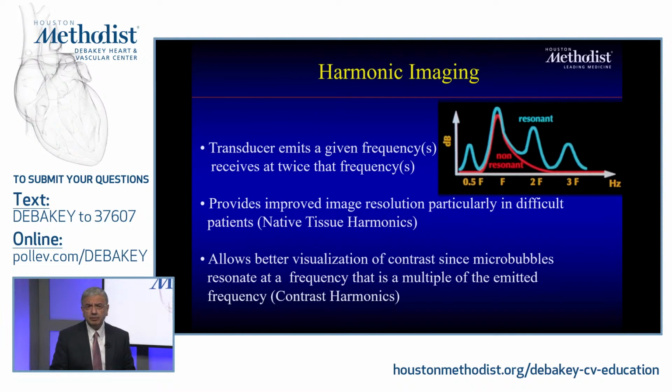Harmonic is very important. It's actually a great discovery because the investigators were looking at use of harmonic with contrast itself, because these tiny microbubbles would resonate and emit multiples of that frequency. So harmonic refers to this: your fundamental frequency is what you're sending the ultrasound at.